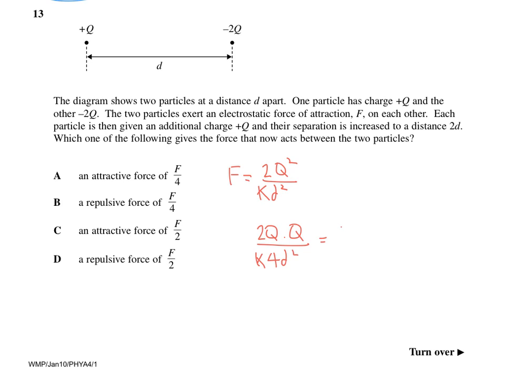We end up with 2q squared over 4k d squared, which is a quarter of what we had before, so that's going to be F over 4. One's going to be a positive plus 2q, the other one's going to be a minus q, so it's going to be an attractive force of F over 4.